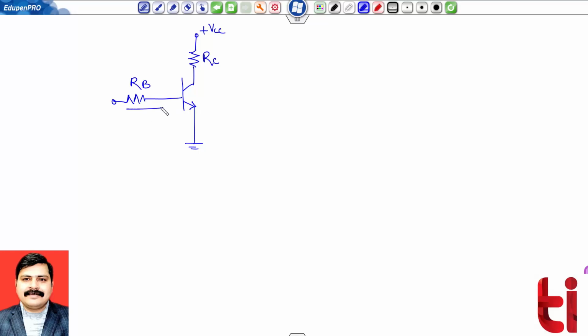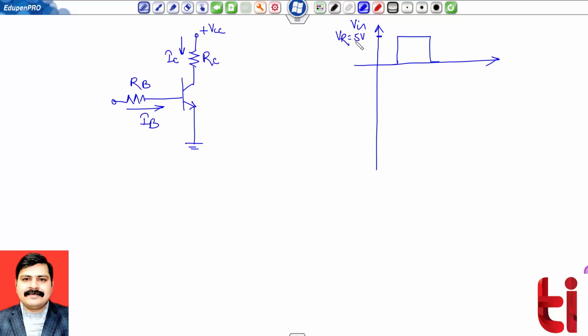So this will constitute the base current IB and IC. This is my input signal Vin with a reference voltage VR, and in general this VR is 5 volts for various digital applications.